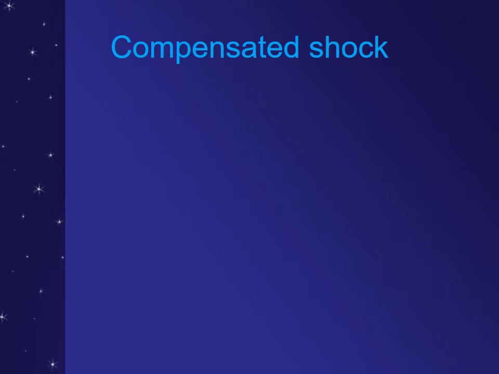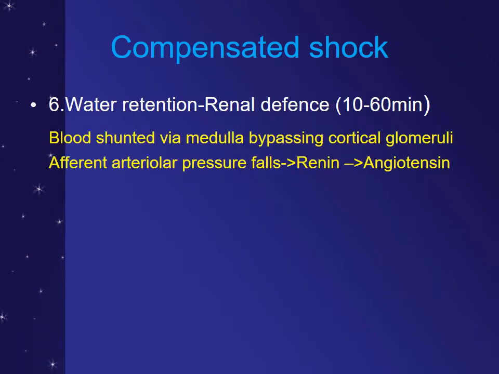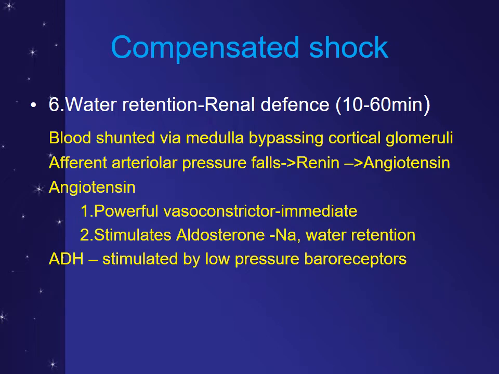So during the compensated shock, there are some more changes happening. Another thing is water retention, which is called the renal defense, which will happen over the next 1 hour or so. So blood will be shunted via the medulla of the kidney, bypassing the cortical glomeruli. Therefore, afferent arteriolar blood pressure would fall, activating the renin-angiotensin system.